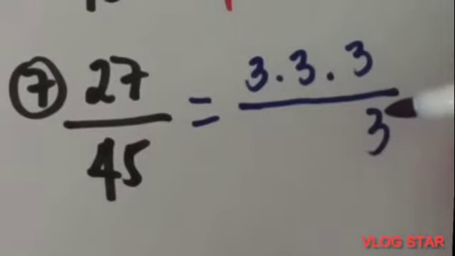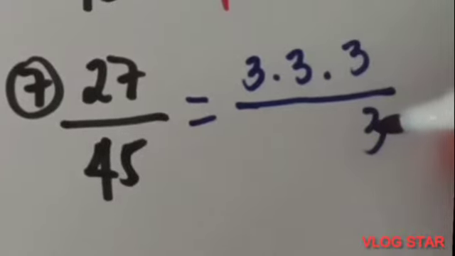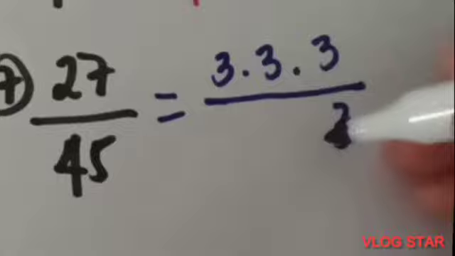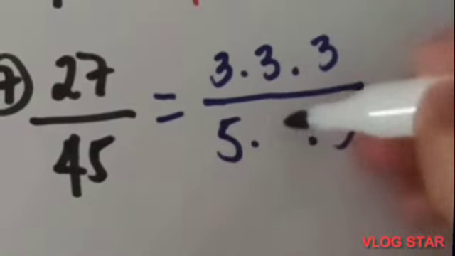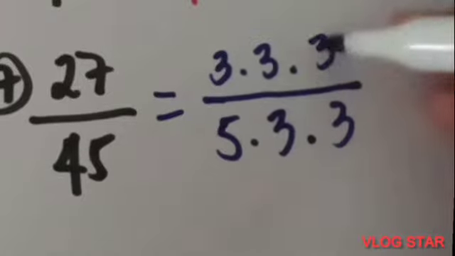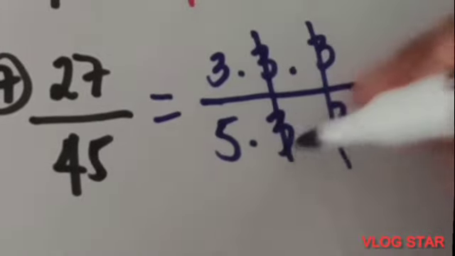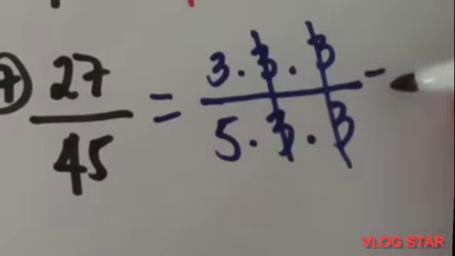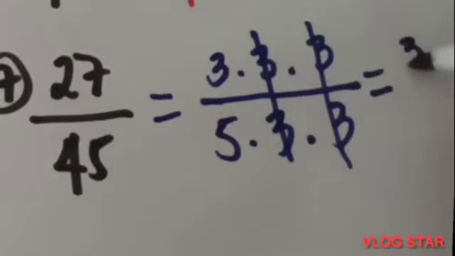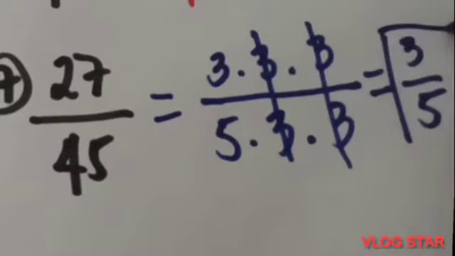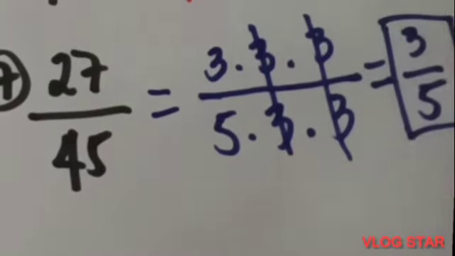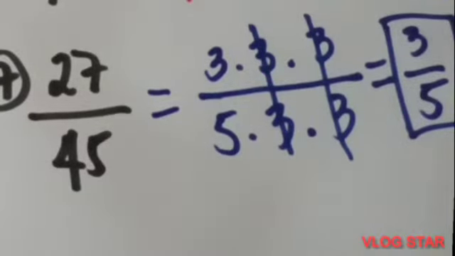Ang 15 ay 5 and 3. So, cancel natin yung parehas 3. Yung parehas 3. So, ang natira is 3/5. So, ang tamang sagot ay 3/5. So, yan ang pag-simplify ng mga fraction.